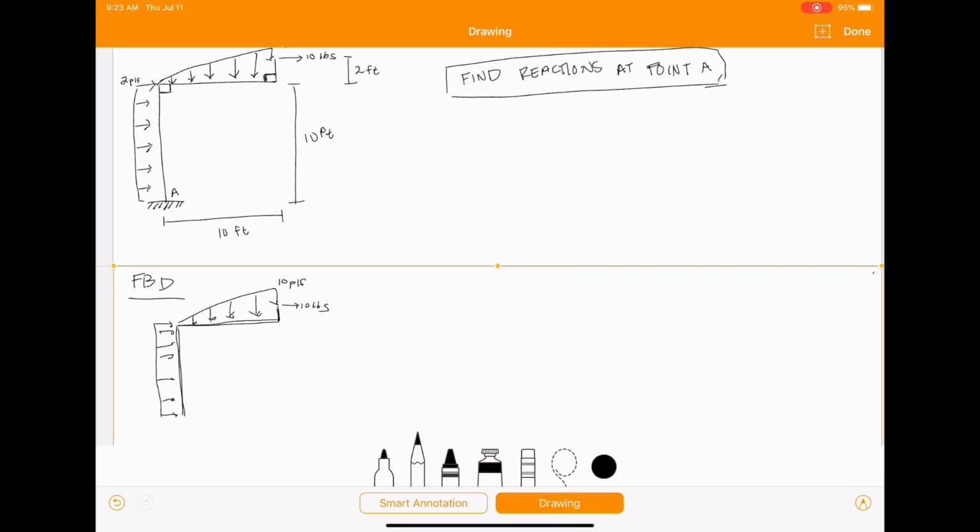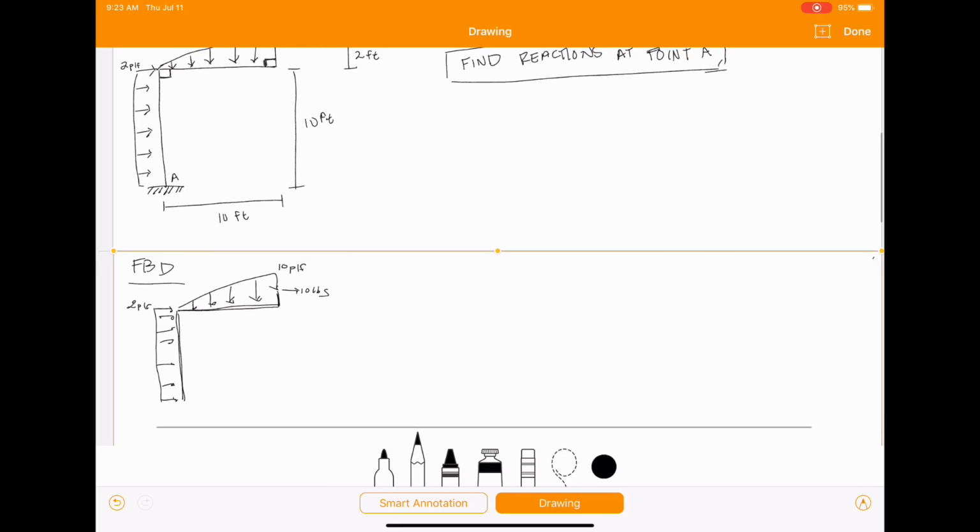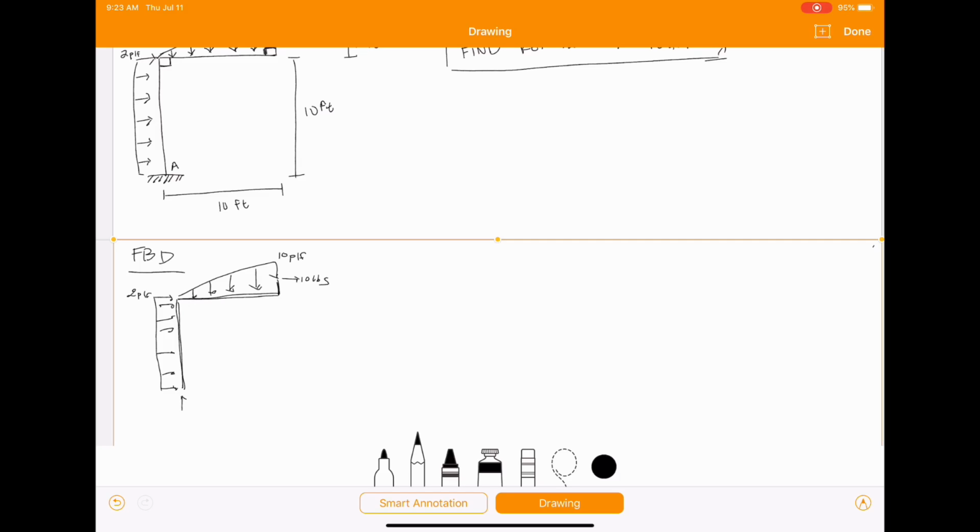All right, that's 2 PLF. And then apply your reaction forces. So we're going to have a reaction in the Y, a reaction in the X, and a moment reaction at A.